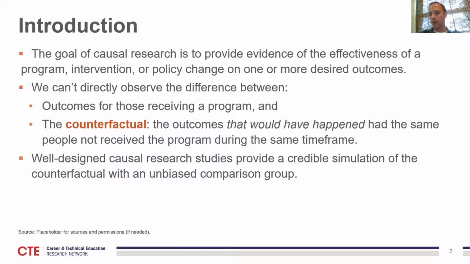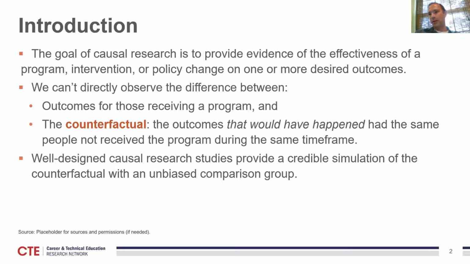So if we're interested in evaluating how well a new program affects some outcome, we can measure that outcome for those who are in the program. But again, we want to be able to say what would have happened had he or she not been in the program, the counterfactual. The differences between outcomes for having received treatment compared to the counterfactual would indicate the causal impact.